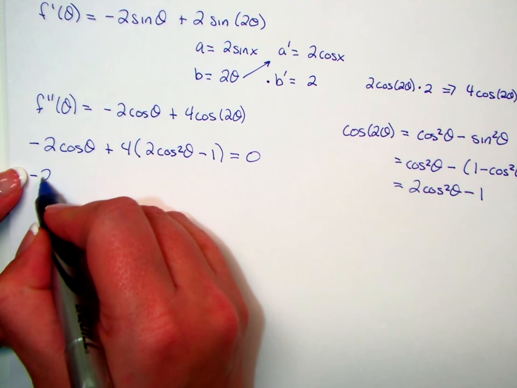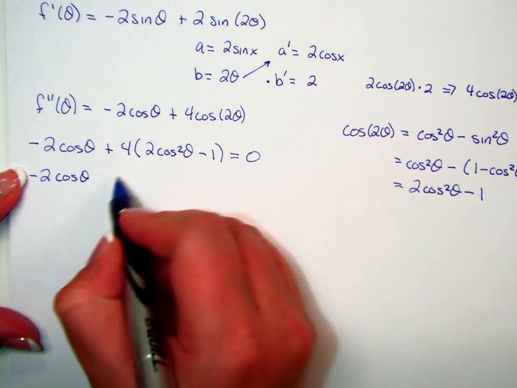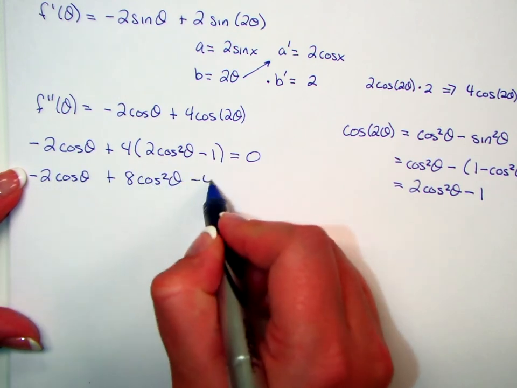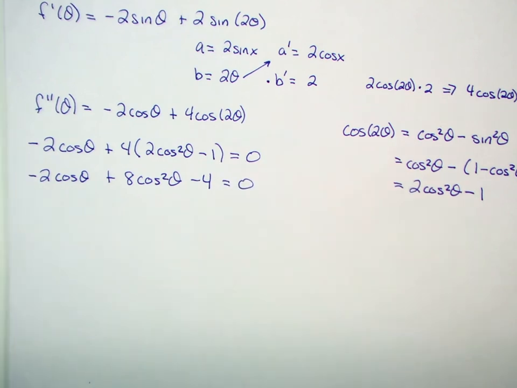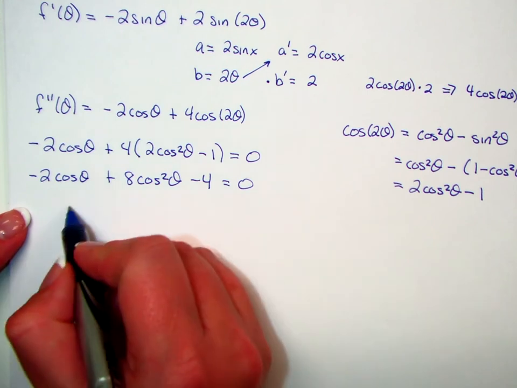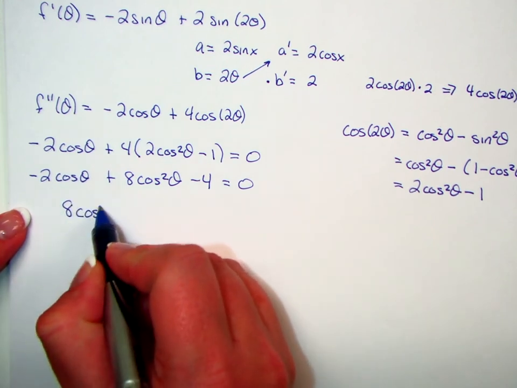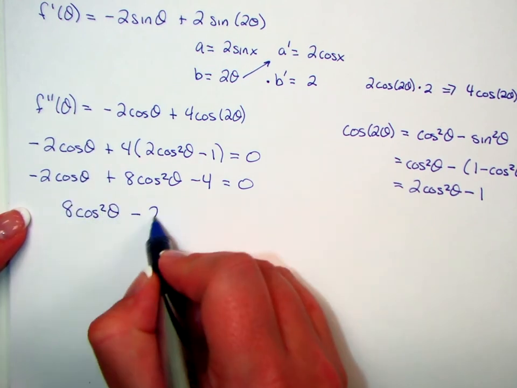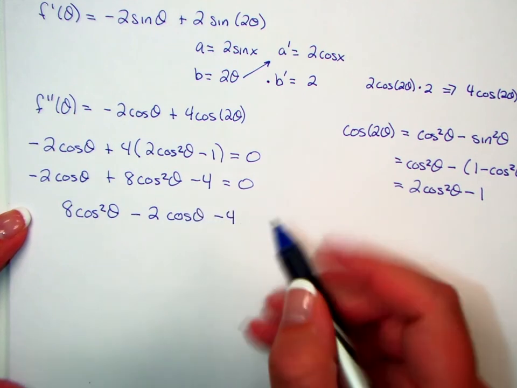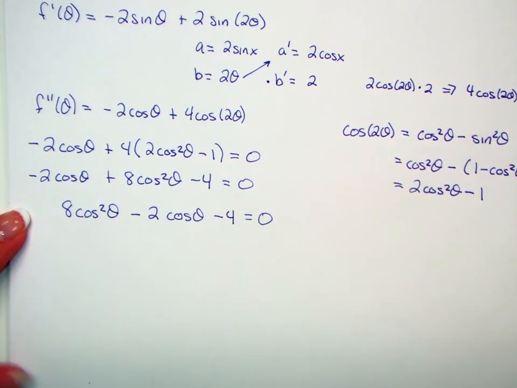So we get negative 2 cosine theta plus 8 cosine squared theta minus 4 equals 0. Right. I'm going to put this in descending order with the squared term first, then the linear term, then the constant. So we're looking at 8 cosine squared theta minus 2 cosine theta minus 4 equals 0.